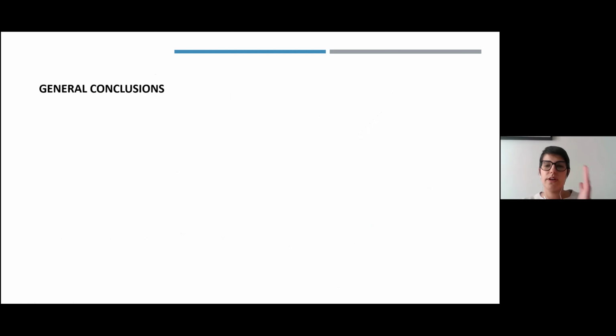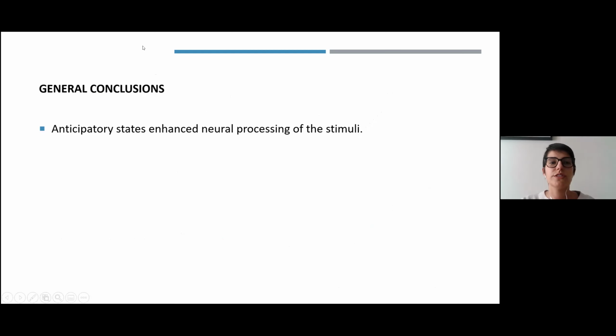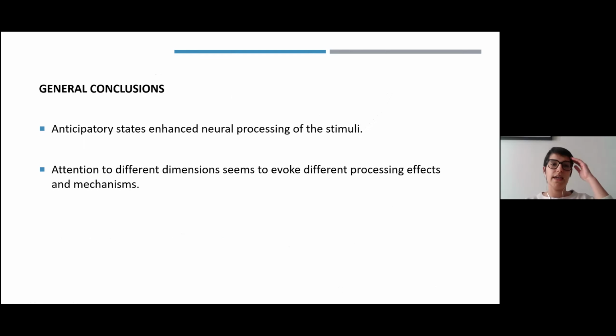So what are the conclusions? The conclusion is that these anticipatory states enhance neural processing of the stimuli, and these anticipatory states depend on the attention mechanism that you are going to recruit, and to what dimension you are going to attend. And attention to different dimensions seems to evoke different processing effects and mechanisms.